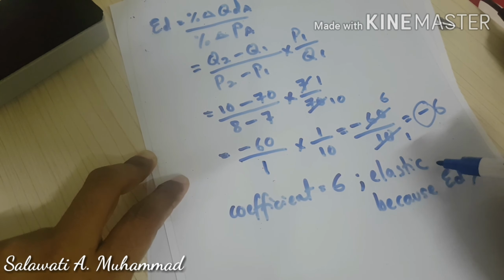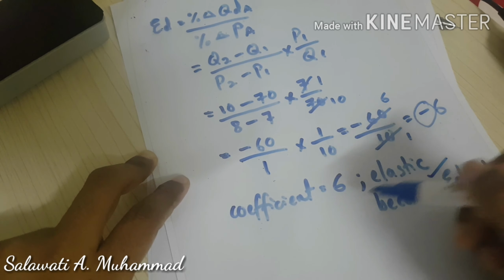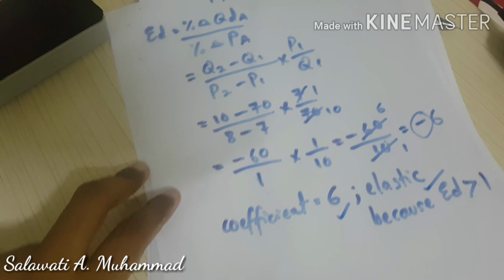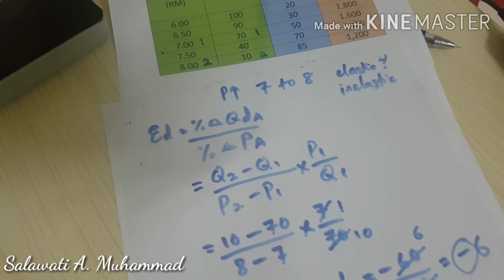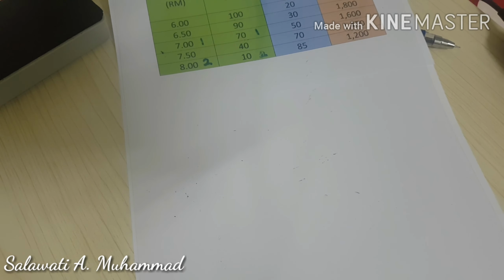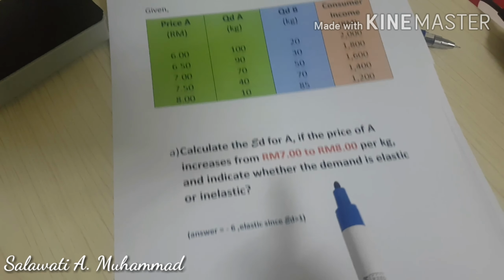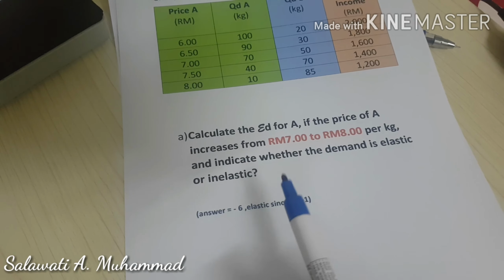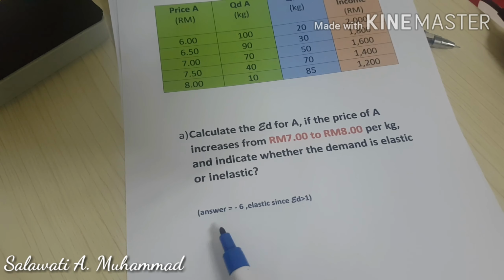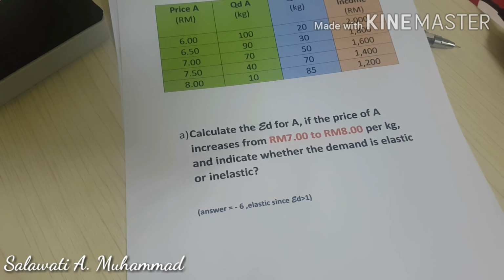So this is the answer. Okay, that's the answer for the first question. What is the first question? Yes, this is the first question. Just now we already solved this question and we got the answer 6.